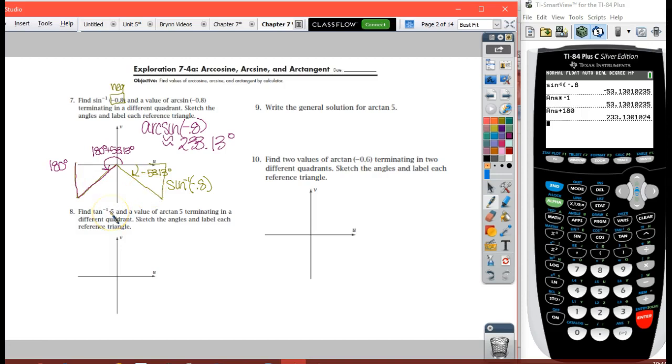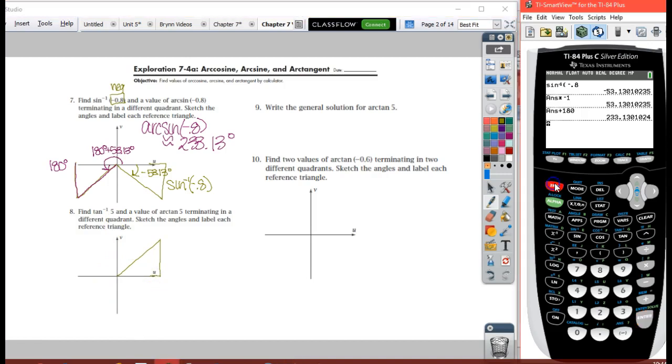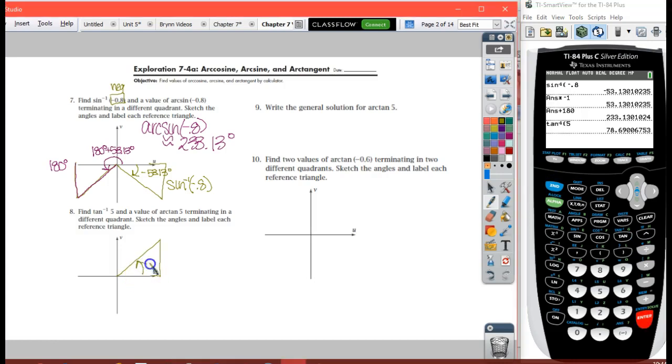For the next one, we have tangent inverse of positive 5. And so tangent is positive in the first quadrant. When we take the tangent inverse of 5, we get an angle of 78.69 degrees. I know that tangent also will have a positive ratio down in the third quadrant.